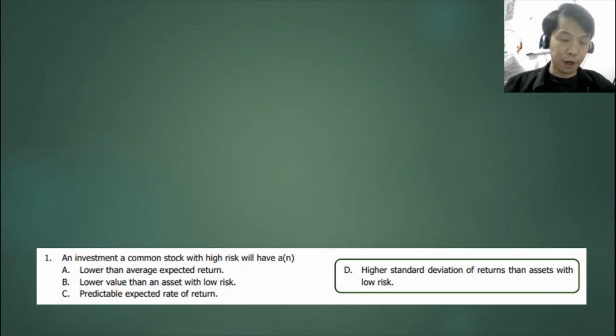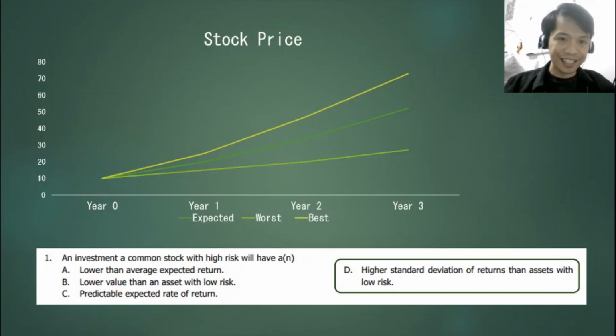Note that when we talk about risk, it is the probability that a deviation will happen from expectation. What we expect, as depicted in this green line, may not materialize in reality. It can go higher, as in the yellow line, or lower than our expectation.